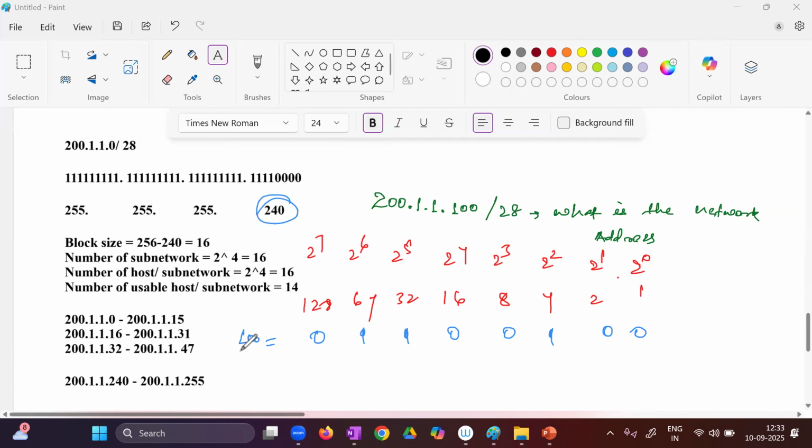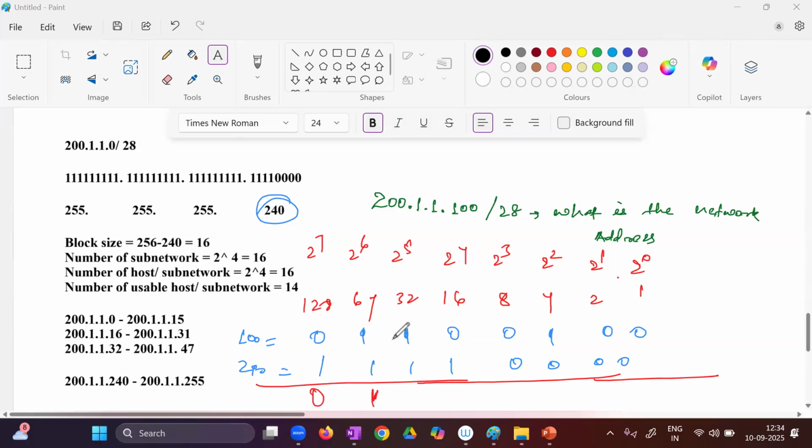Then the same thing, 240 you have to write because it is slash 28. What will you write? 1, 1, 1, 1, 0, 0, 0, 0. Next, you will use the bitwise operation method. What does it say? Both side 1, make it 1, the rest will be 0.